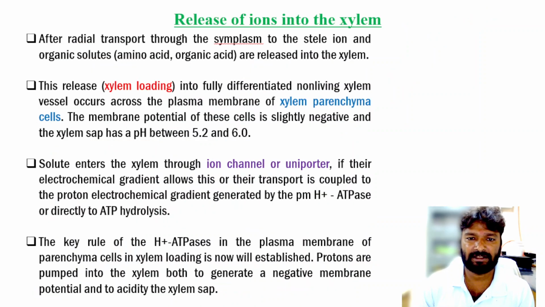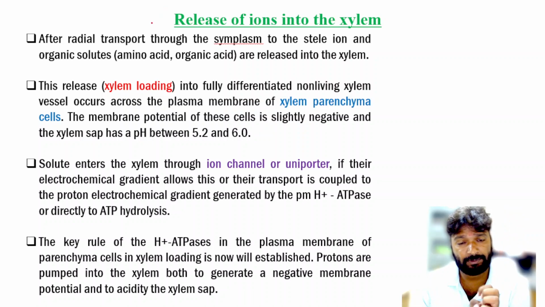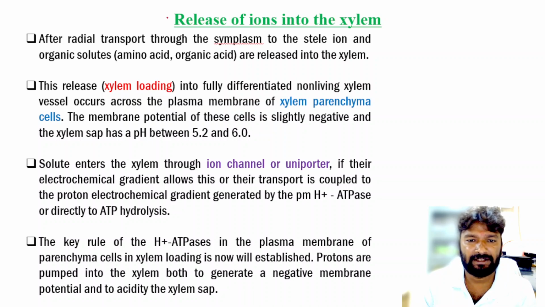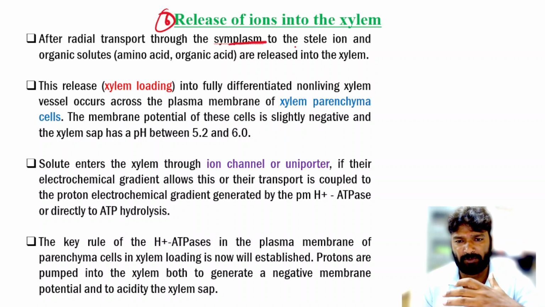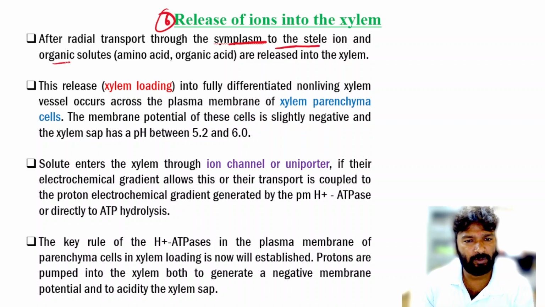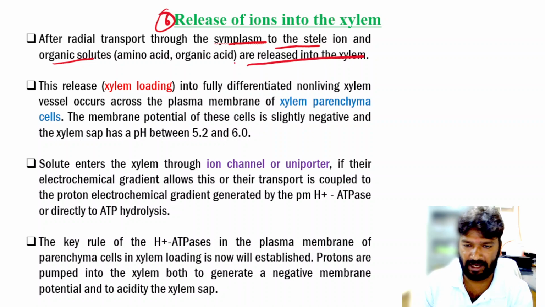After this, there is the last point in the transport of nutrients from the soil to the xylem. This is the last pathway. After the radial transport through the symplast or apoplast to the stele, ions and low molecular weight solutes are released into the xylem.